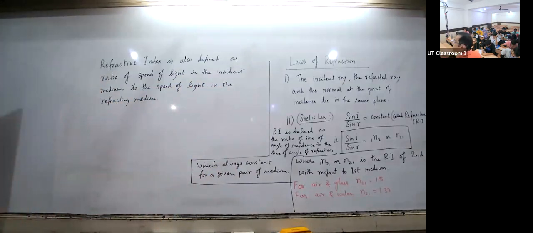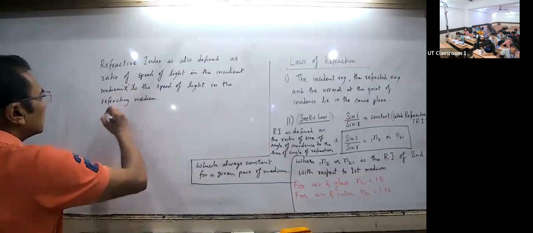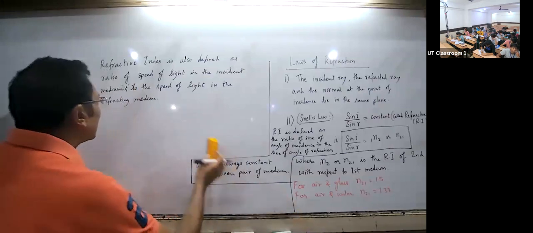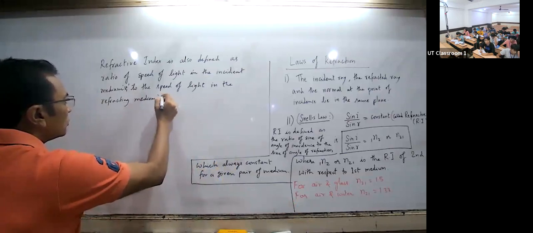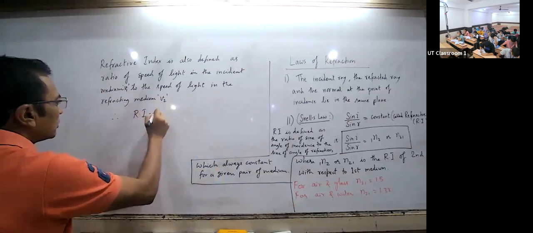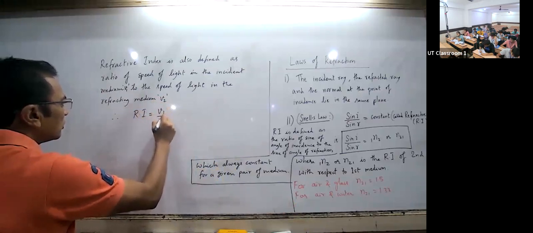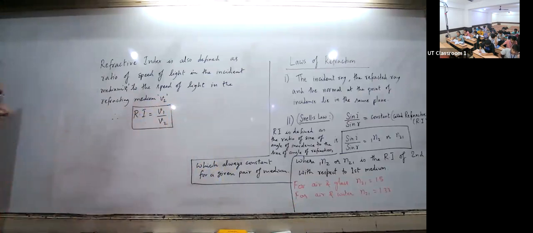Okay, so in the incident medium you can call the speed V1, and in the refracting medium you can call the speed of light V2. Therefore, n21 equals V1 by V2.